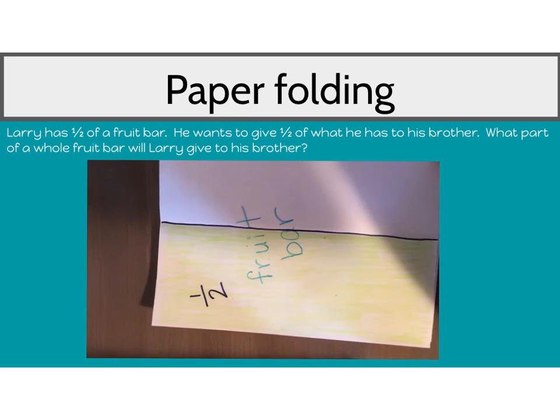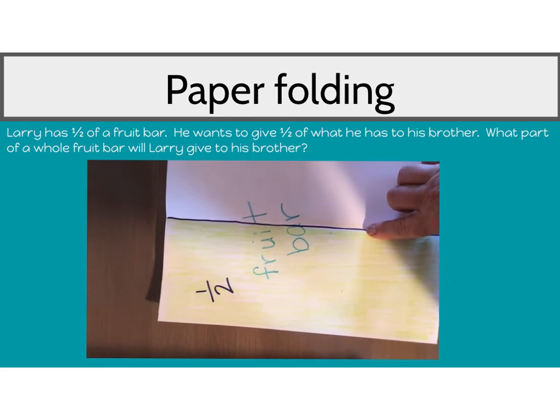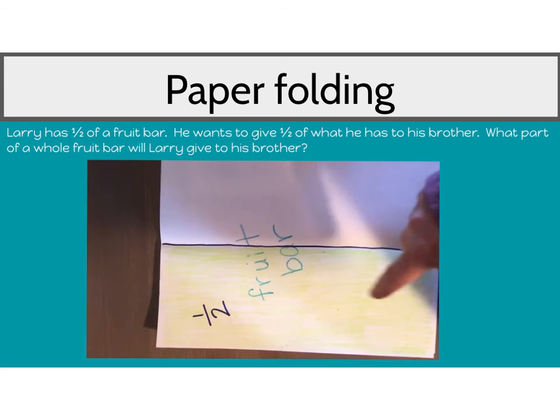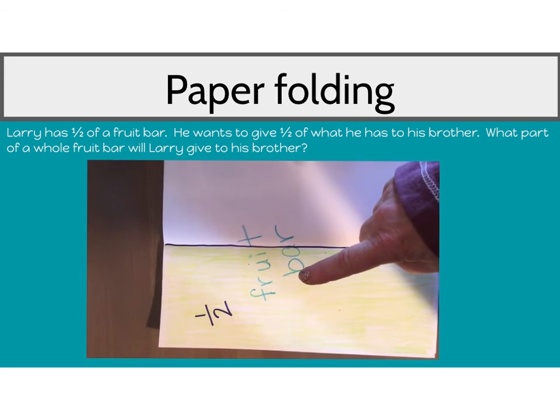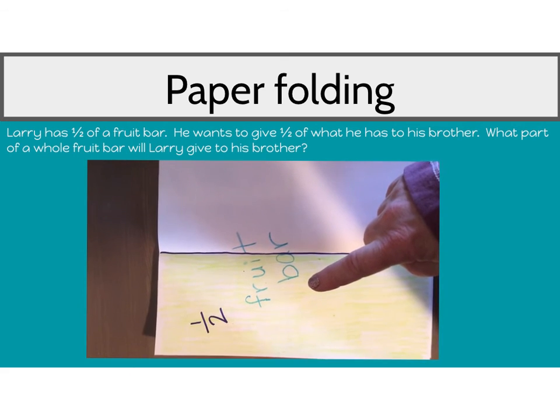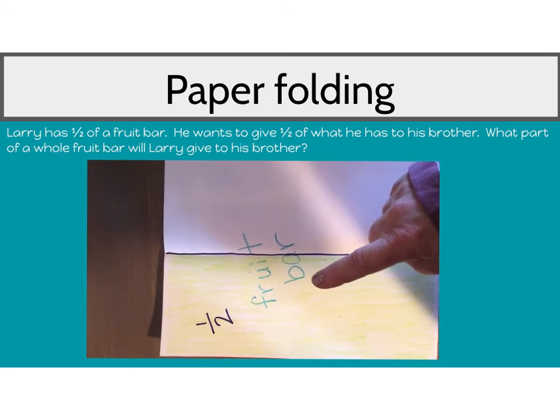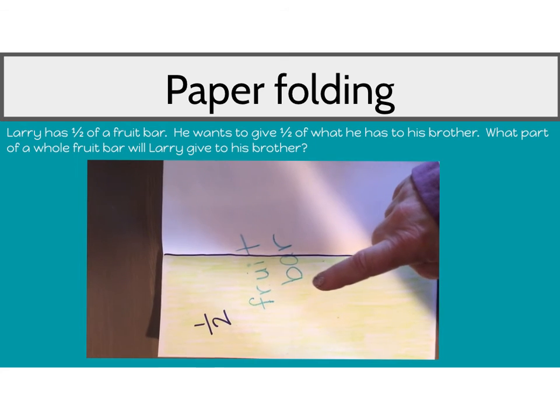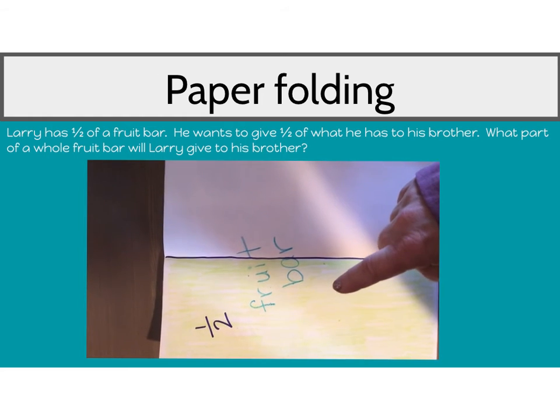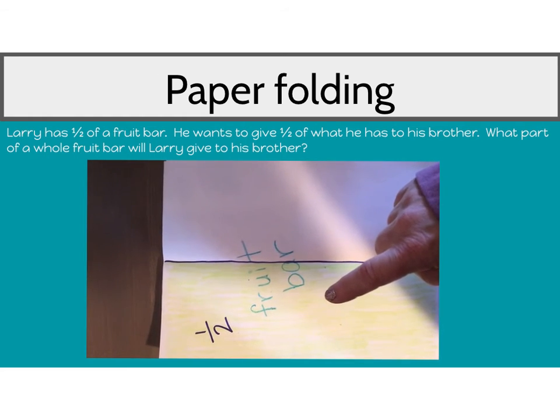And when we open that up, this dark line here in the middle is our fold line. And this is to show that this is 1/2 of a fruit bar. Now what needs to happen in the problem is this young man wants to share his half with his brother. So he wants basically 1/2 of a half.